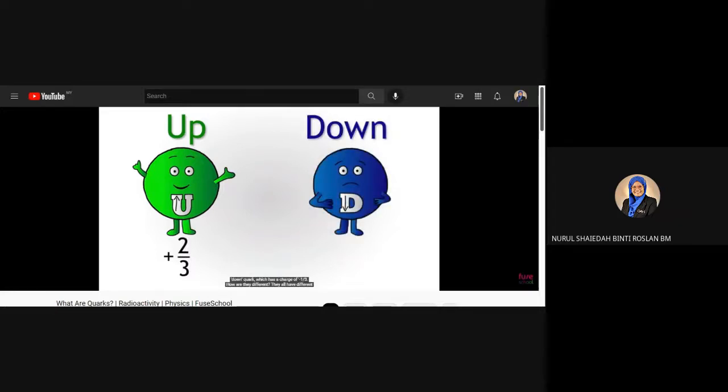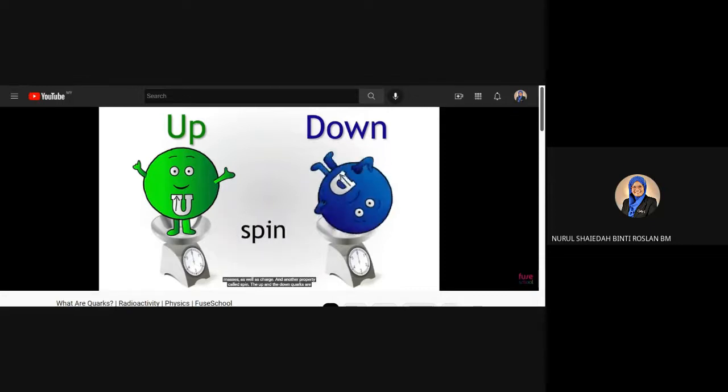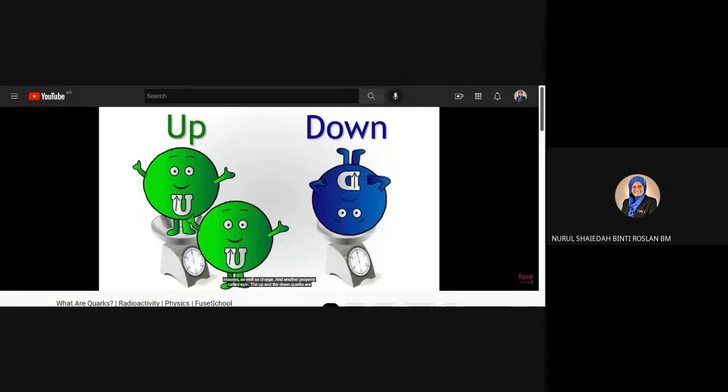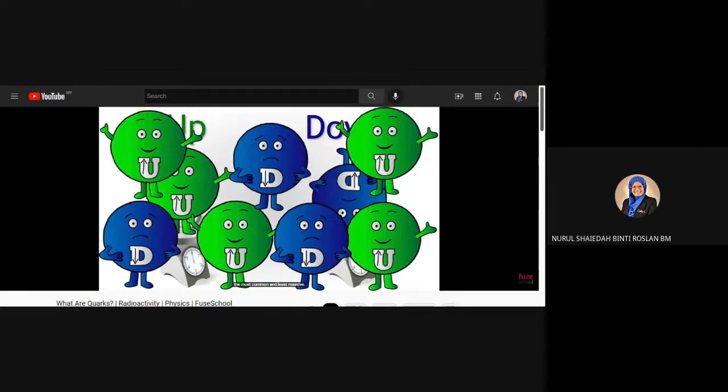The up quark, which has a charge of plus 2/3 of the charge of an electron, and the down quark, which has a charge of minus 1/3. How are they different? They all have different masses, as well as charge, and another property called spin. The up and the down quarks are the most common and least massive.